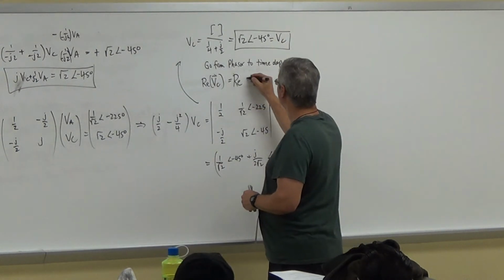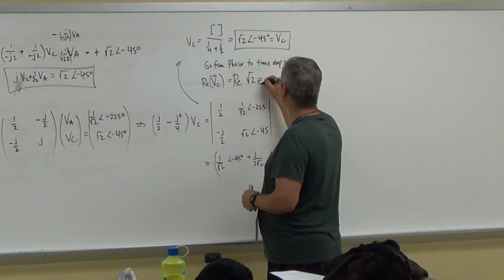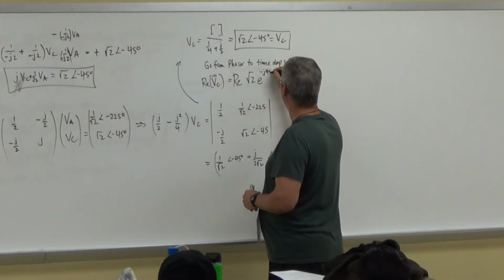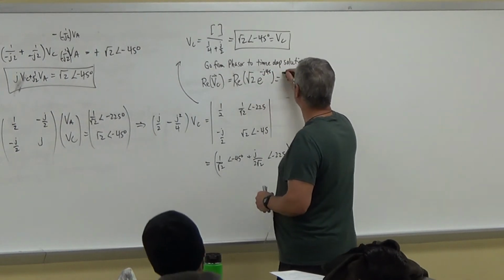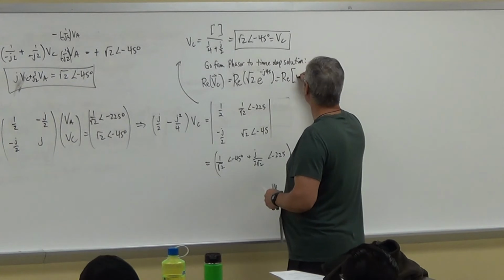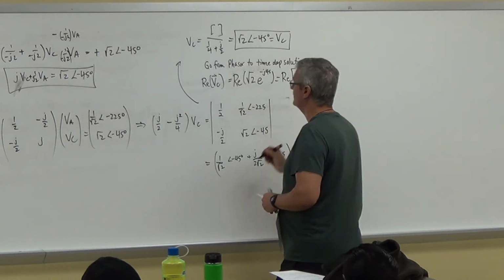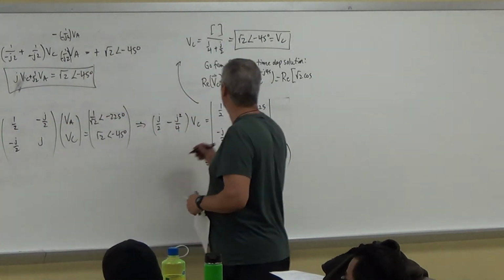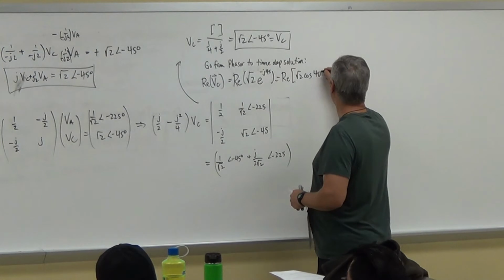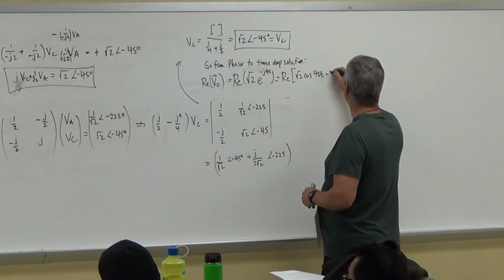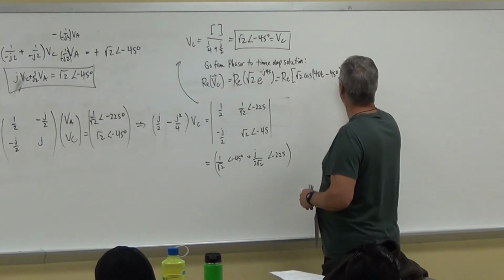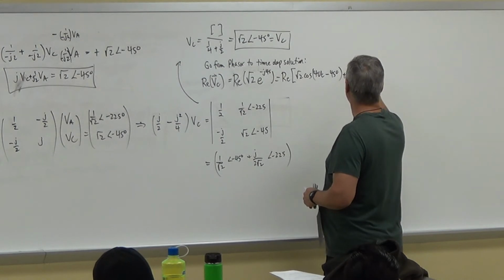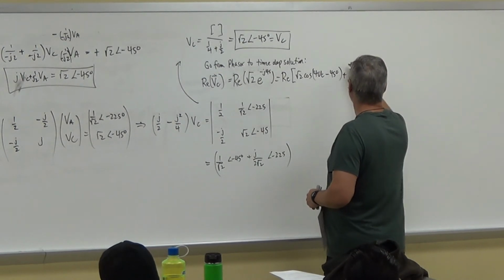So it's the square root of 2 e to the minus j 45 degrees, which is the real part of square root of 2 cosine. Now I got to put in the omega term here. The omega term is what? 40t. So I put in 40t with a phase angle of negative 45 degrees plus j sine. We're not interested in sine, so I ignore that.